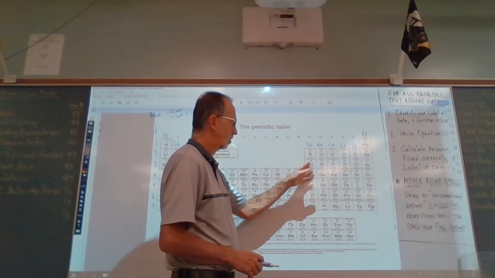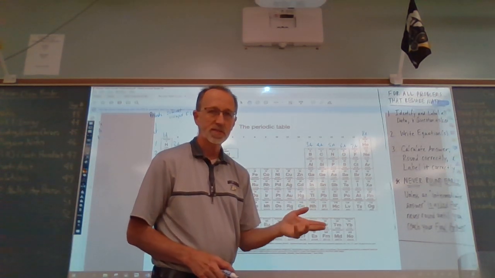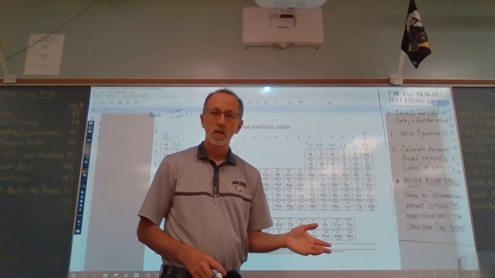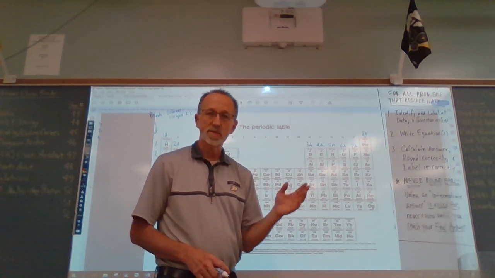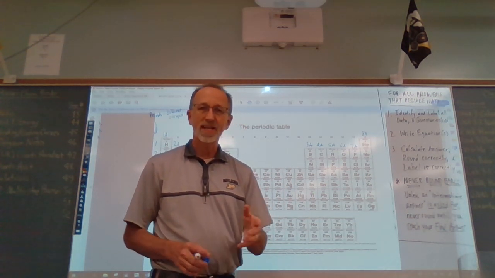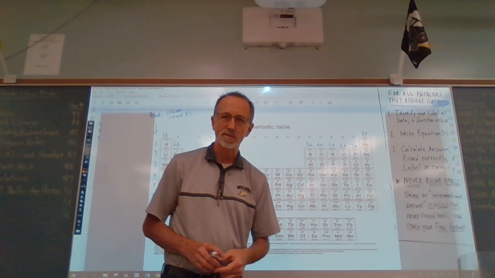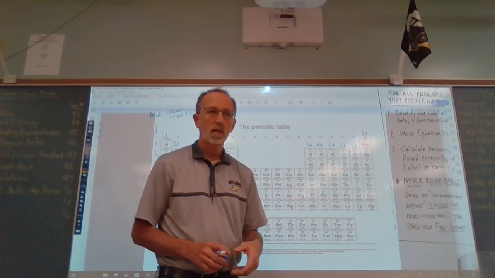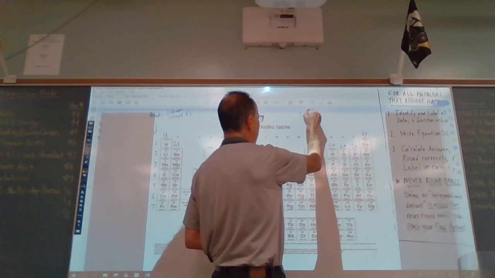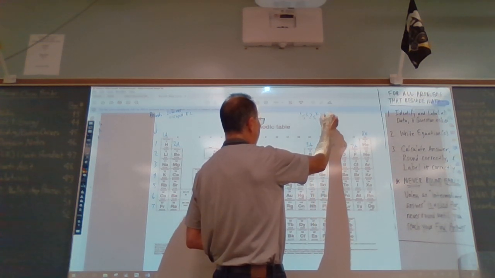Group 3A, so look at boron. Boron is 1s2, 2s2, 2p1. So its outermost occupied energy level is level 2. It's in row 2. But now how many electrons does it have in that outermost occupied energy level? Well, it's 1s2, 2s2, 2p1.